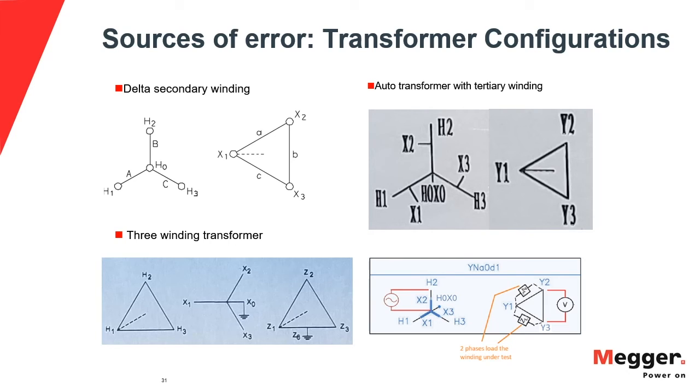Depending on what type of vector configuration I have on my transformer, I might need to take certain routes to get more accurate readings. For example, look at the lower right corner of the slide.